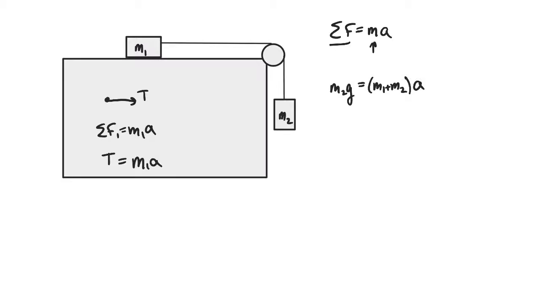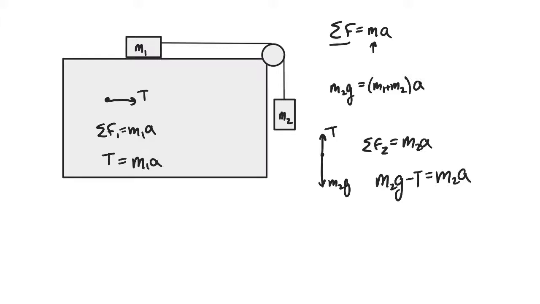The one that's hanging off the table is experiencing two forces. It has weight downwards and tension upwards. The weight downwards has to be greater than the tension. Net force on box 2 has to equal M2A. So we'll get M2G minus tension equals M2A. You guys see that there's a substitution here, right?